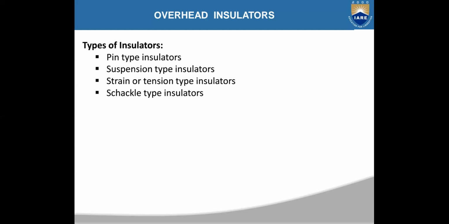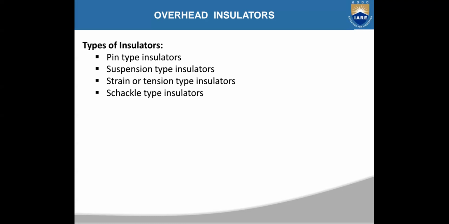Suspension type insulators are used when the transmission system is a straight line. In strain type, if there is a bend in the transmission system, then you will prefer the strain type insulators. And the shackle type insulator will be used for low voltages up to 11 kV, for the distribution system, and it will be used like a strain type insulator.